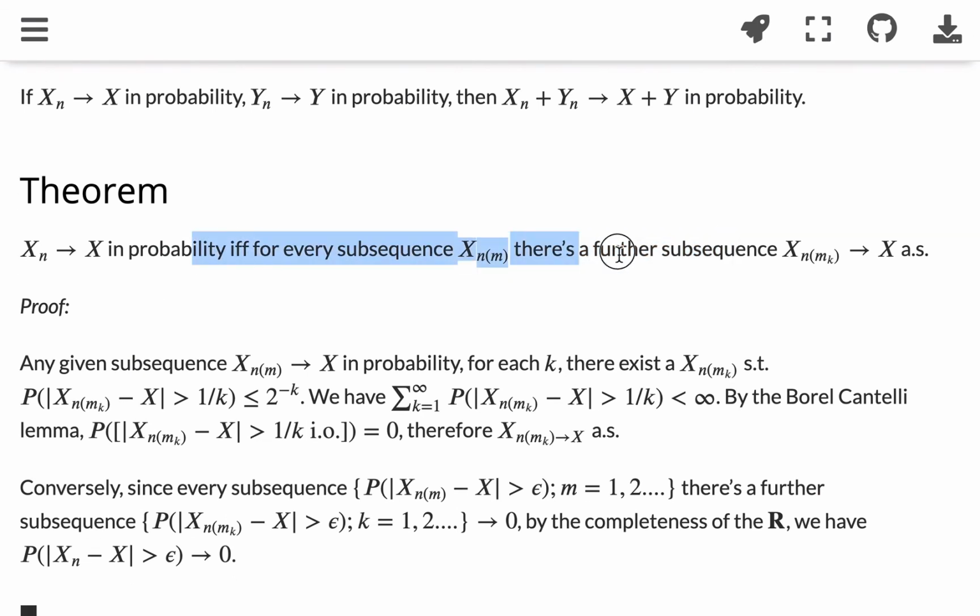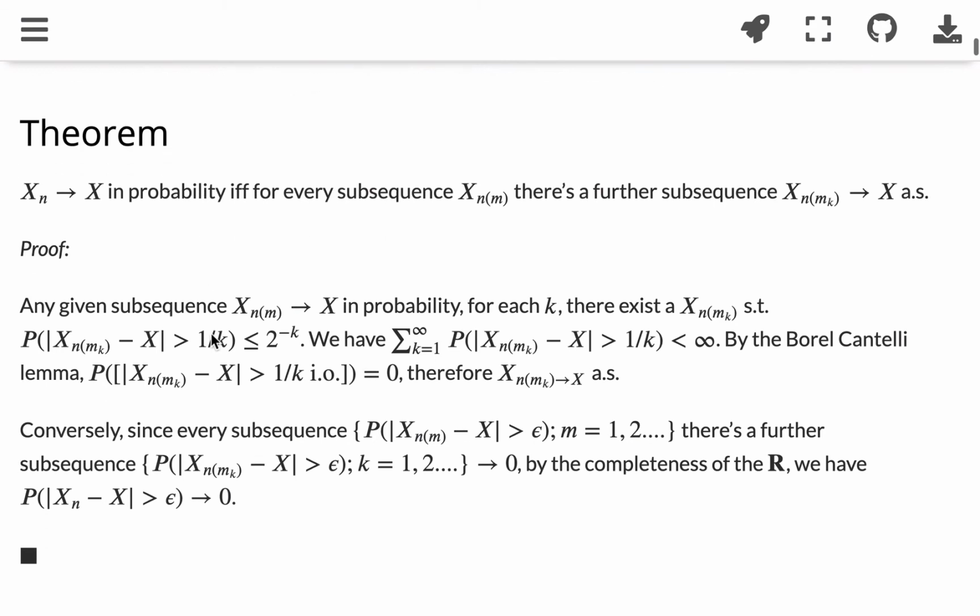As you can see, this is very similar to mathematical analysis in real numbers or complete spaces, complete compact spaces. So let's prove that. The first direction: if Xn converges to X in probability, we want to prove that for any subsequence there's a further subsequence that converges to X almost surely.